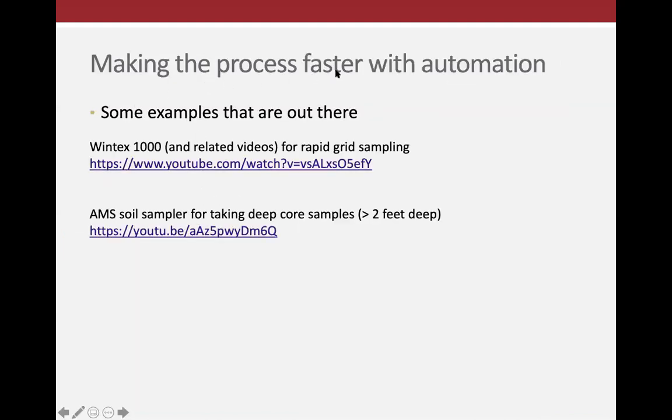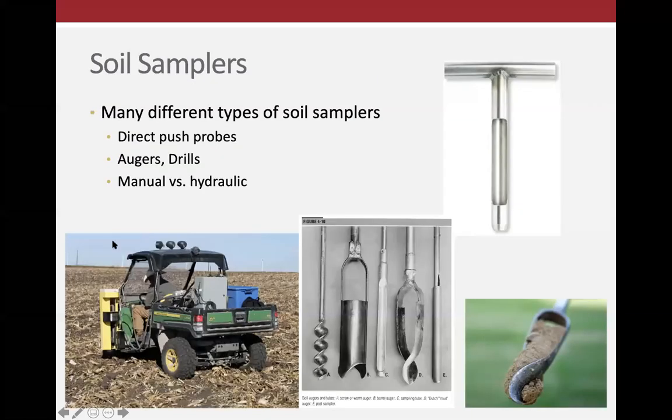And so again, a lot of different things. We can make this process faster with automation. This YouTube link is a real short clip showing you how this automated sampler works, being able to collect a lot of different soil cores and allowing somebody to go out to a field or a set of fields and take soil samples all day long without the backbreaking work of that.